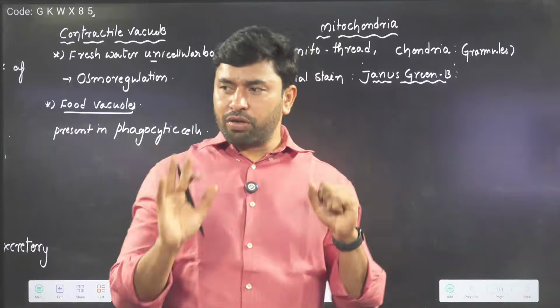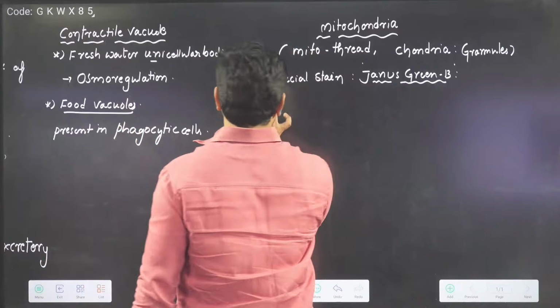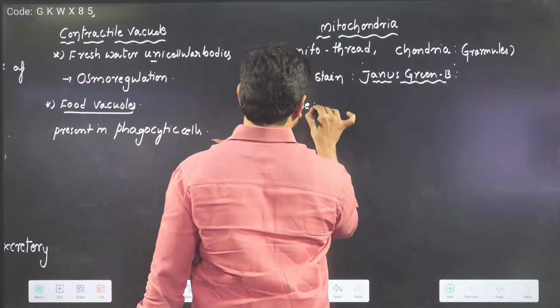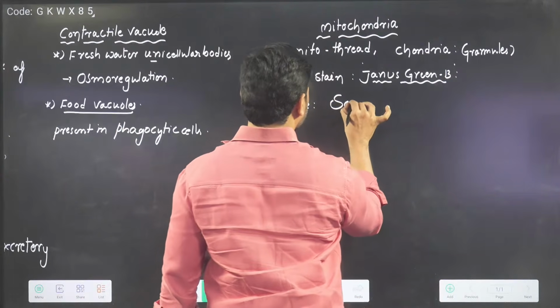Okay, I have seen mitochondria. What is the shape? The shape of the mitochondria is typically sausage shape.